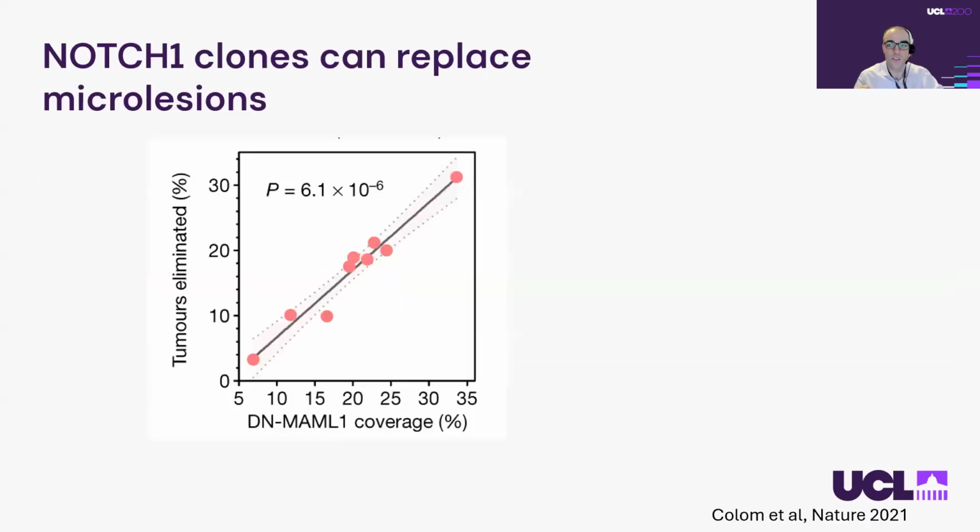In experimental systems, we can see that Notch pathway mutations appear to be able to compete not only with other cells in the healthy tissue, but also with microlesions, so early forms of cancer, and are able to actually kick them out of the tissue. And the greater the coverage and takeover of these Notch pathway mutations, the greater the fraction of tumors that have been eliminated.